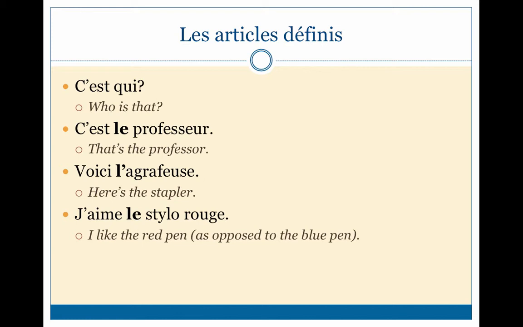And it makes sense that we would use a definite article after those because we're talking about something definite that we like. So even if you're talking about a bunch of different red pens, that's still specific. So we would say, j'aime les stylos rouges, because you're kind of demonstrating something specific that you like there. So after all of our verbs of preference like that, we would use the definite article.